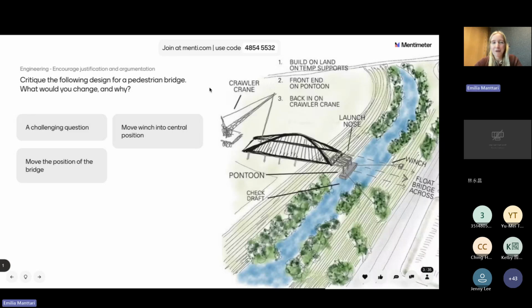Or if you can't formulate a question right now, you can also just share. Perfect. Why isn't the bridge over the river? That's a great question as well. But yeah, if you want to just submit your thoughts around how you could be using a question like this in the subjects that you're teaching, feel free to do that as well.